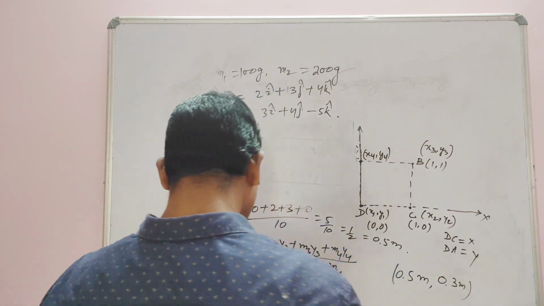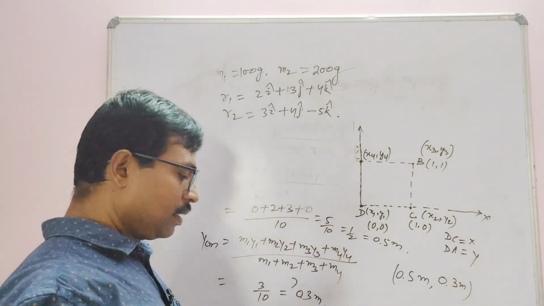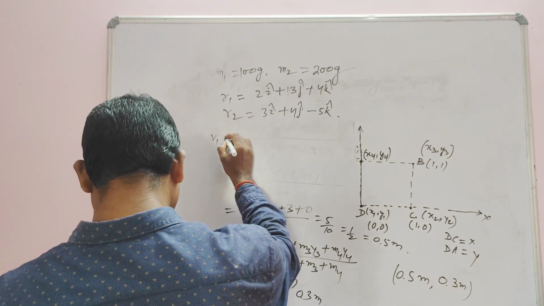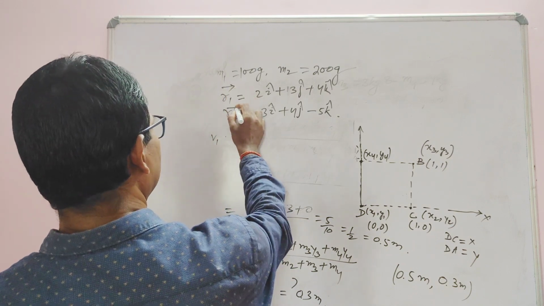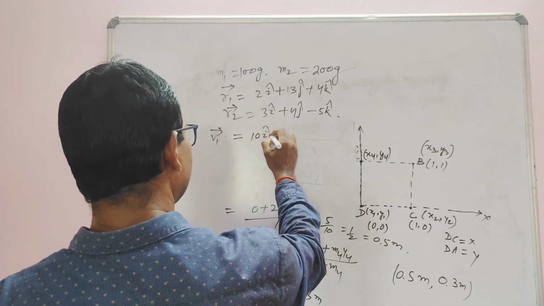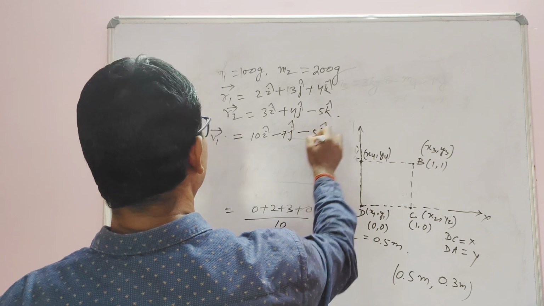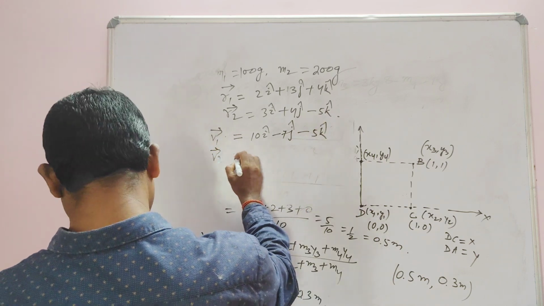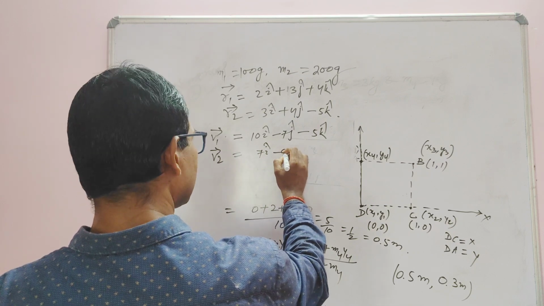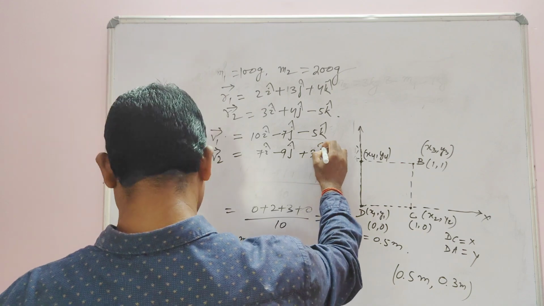So what you will do, respectively, and velocity is also given. v1 is equal to 10i cap minus 7j cap minus 5k cap, and velocity 2 is equal to 7i cap minus 9j cap plus 3k cap, respectively.